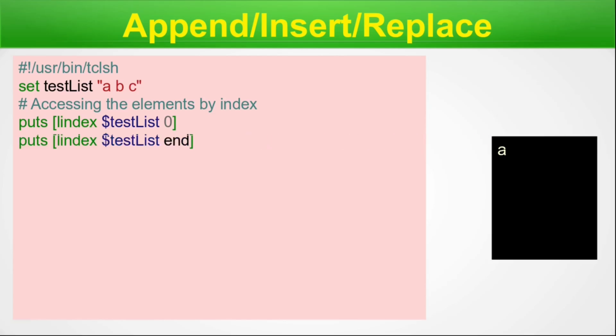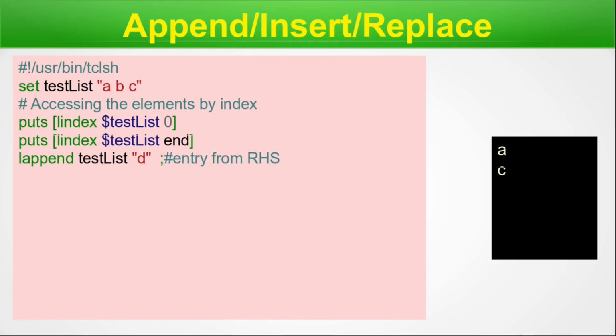And it's the magic. Say we don't know how long a list is, and yet we have to print the last element of the list. We can use the end keyword that will give C. Next, we append D using lappend, test list D. The entry to the list will be from the right hand side.